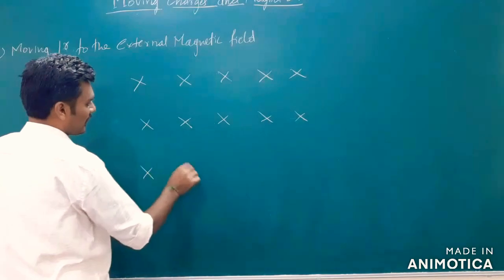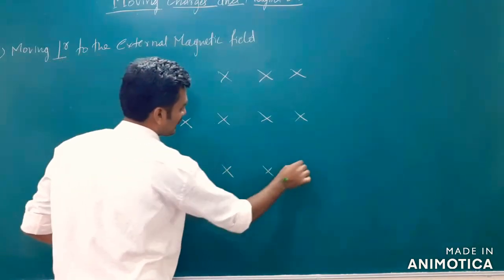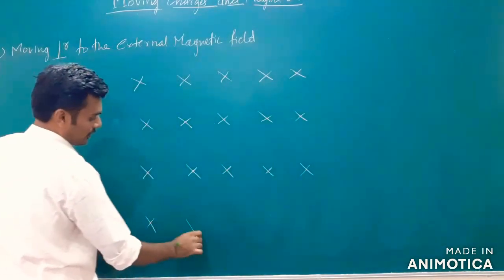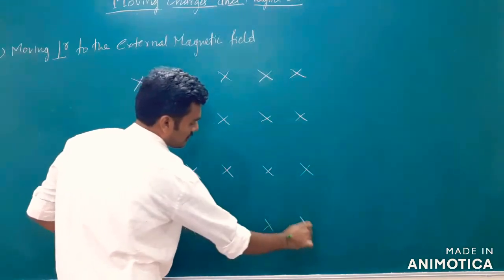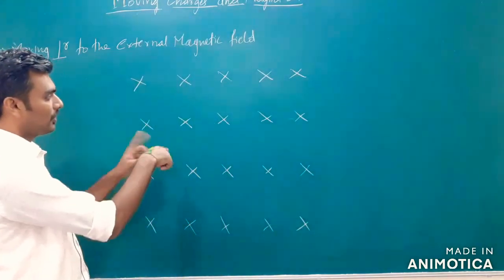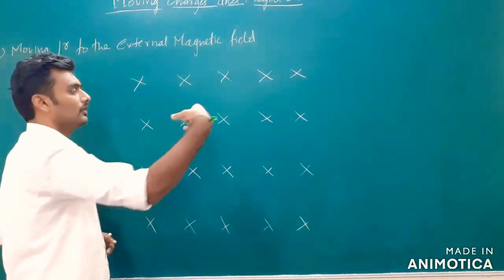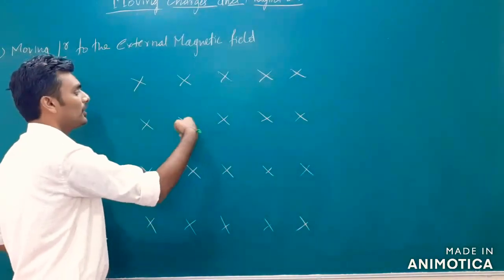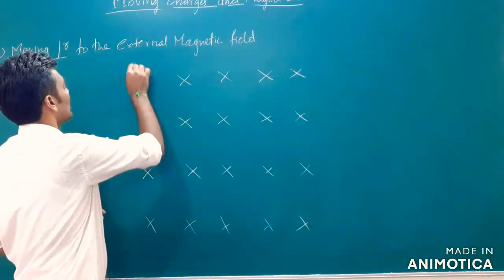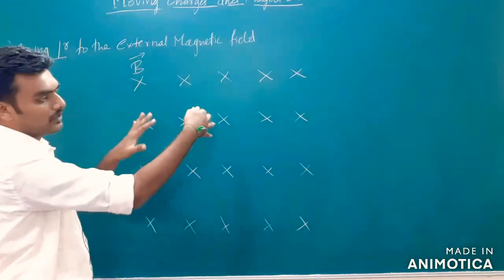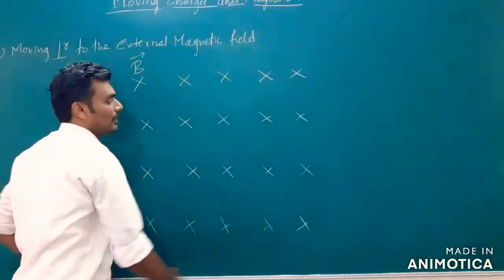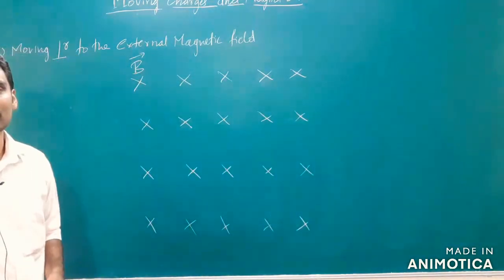This is the direction of magnetic field set here. As you know, it is the cross symbol, and hence the arrow is going into the board, which is the direction of the external magnetic field, all of them. So this entire region has an external magnetic field applied.